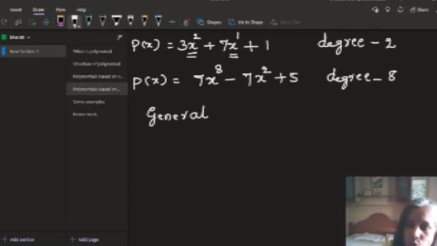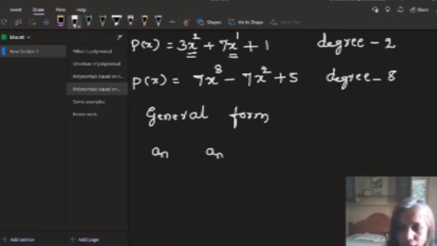I'll teach you how to write the general form of the polynomial. Here I'll start writing the general form of polynomial by a n minus 1. I'm decreasing their order, a n minus 2. In this way, if you go on decreasing, you will end up with a1 and lastly a0.